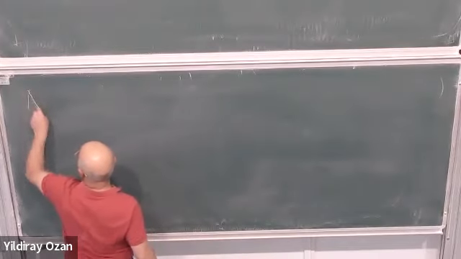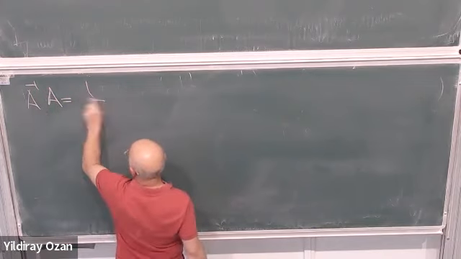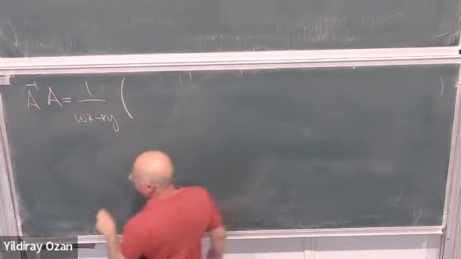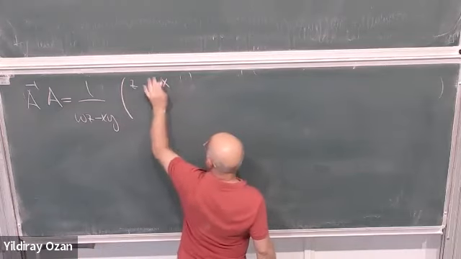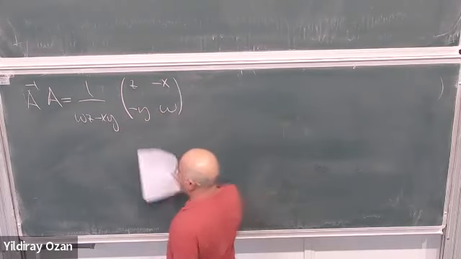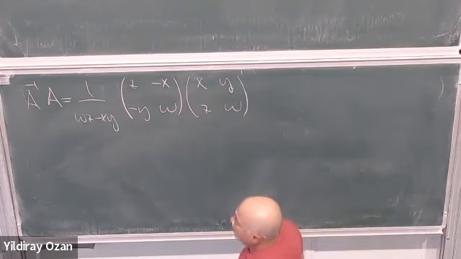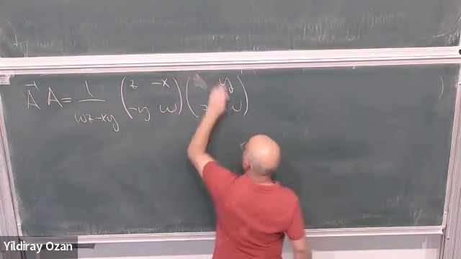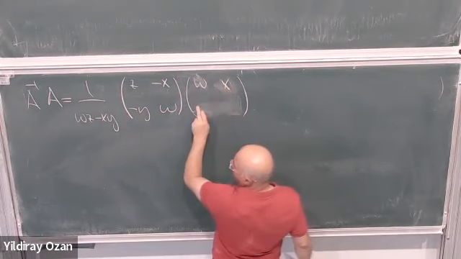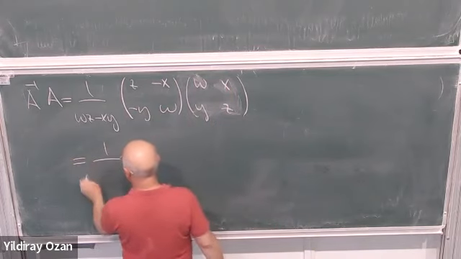So, A inverse times A. What is A inverse? A inverse is this real number times this matrix Z, minus X, minus Y, W, and then A is just W, X, Y, Z. Okay, let's see what we get.